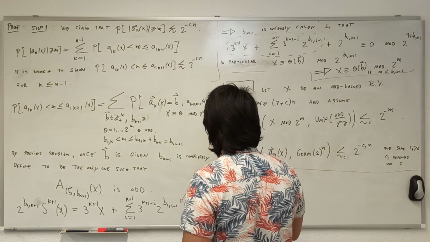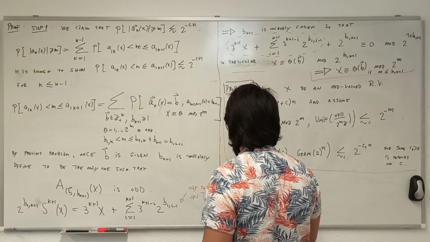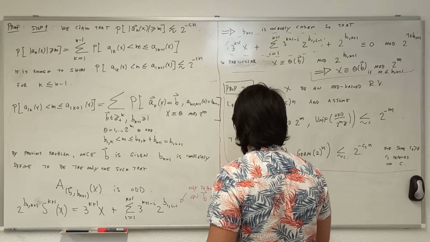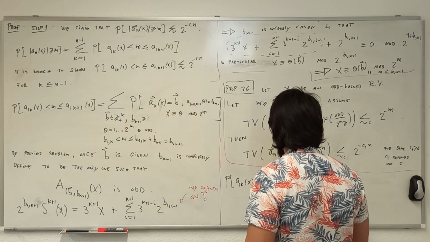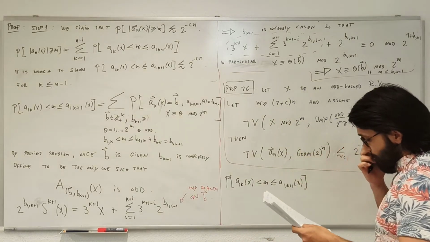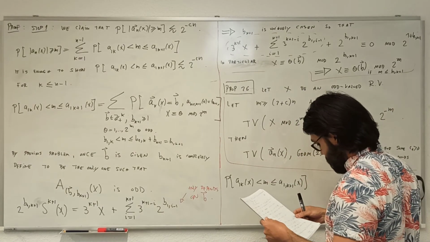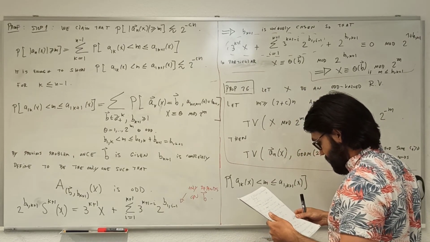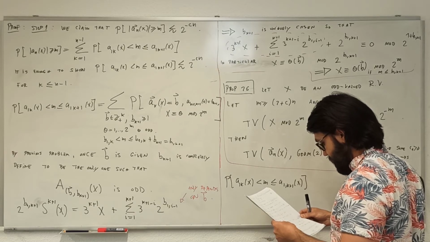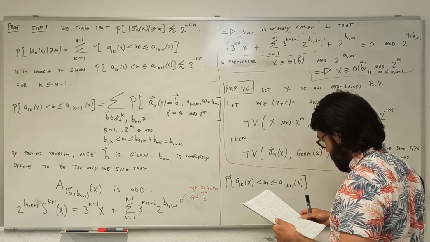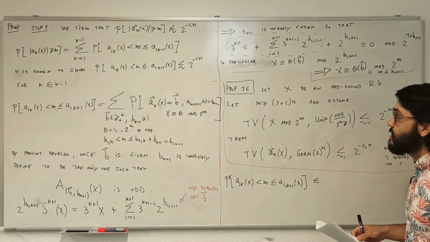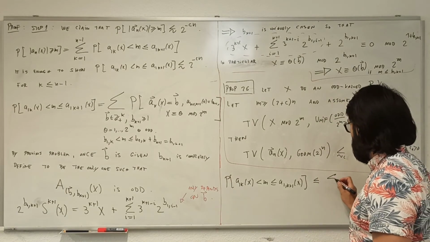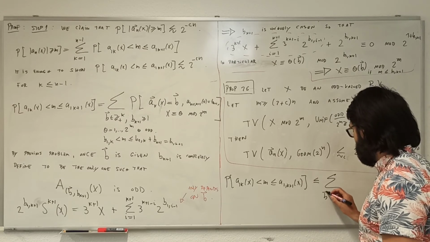So we conclude that the probability of a_k(x), that b_1+...+b_k is less than m and less than or equal to b_1+...+b_{k+1}, is less than or equal to the sum over all the b's.